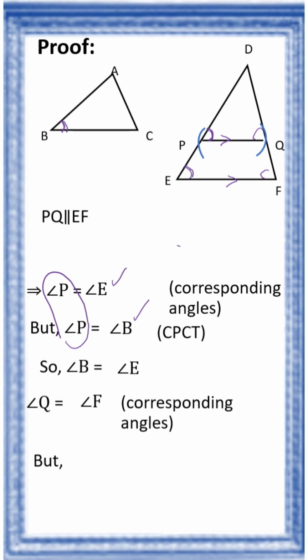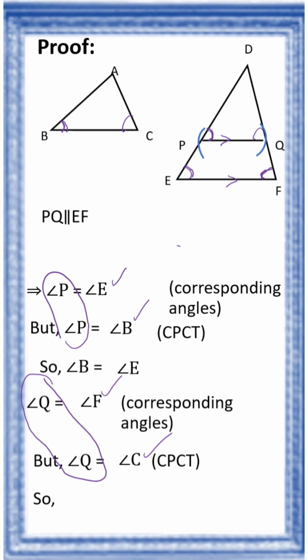Here angle Q is equal to angle F, but angle Q is also equal to angle C, isn't it? So angle Q is equal to angle C. Here also LHS and LHS are equal, so RHS and RHS should be equal. So angle C is equal to angle F.